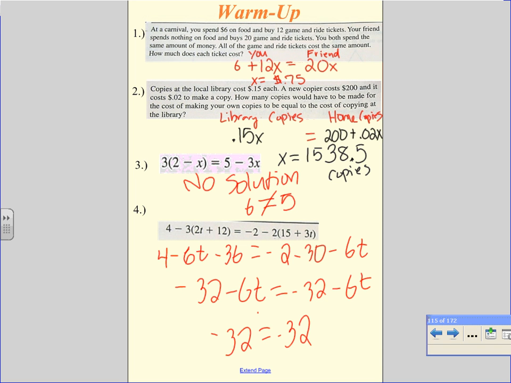Okay, Adam, are you okay with that one? Did you make a silly mistake? Okay. Annalise? Yep. Mm-mm. You do the opposite, so you have to add it.